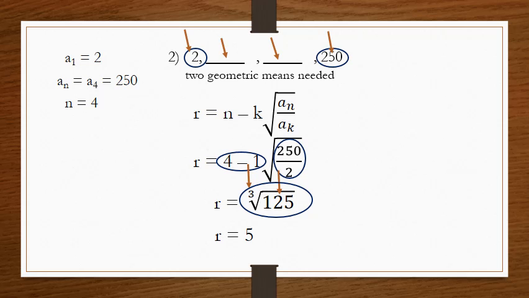So kung kukumpletuhin na natin ang geometric sequence that starts with 2, 2 times 5, which is the common ratio, will give you 10. Then 10 times 5 will give you 50, and 50 times 5 is equal to 250, which is correct. So ibig sabihin, ang dalawa nating geometric mean is 10 and 50.